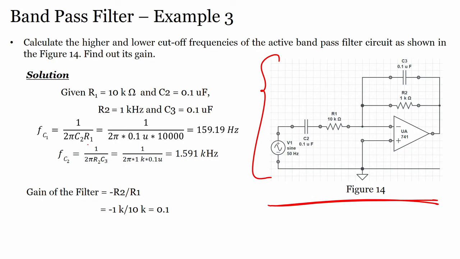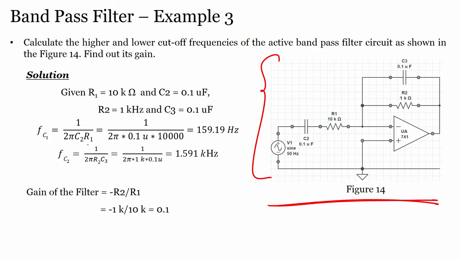So, now I have helped you understand what exactly this band pass filter is, and we have seen how you can design a passive band pass filter by using the high pass filter and low pass filter. By integrating the high pass filter and low pass filter together in a passive way, it becomes a passive band pass filter.